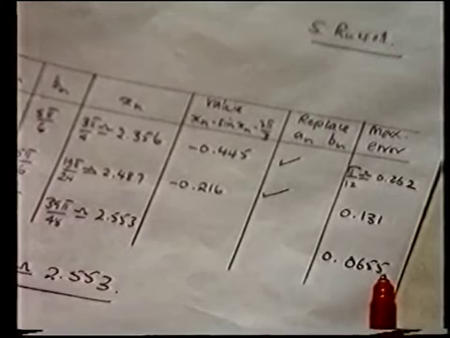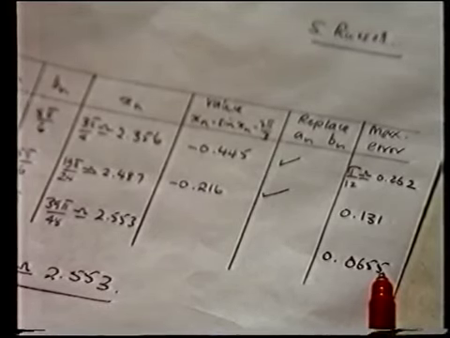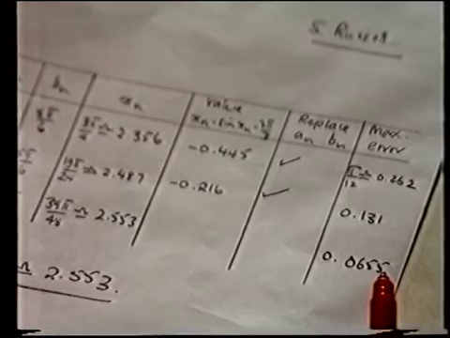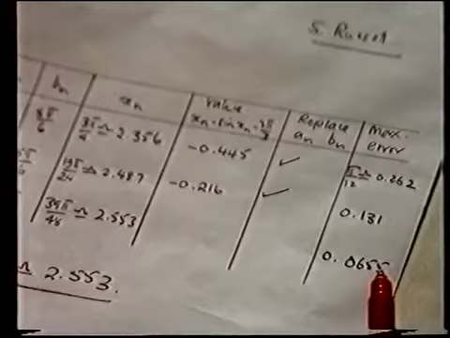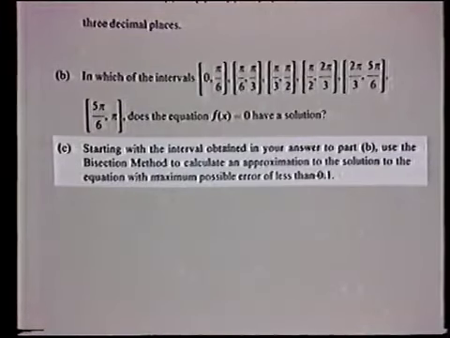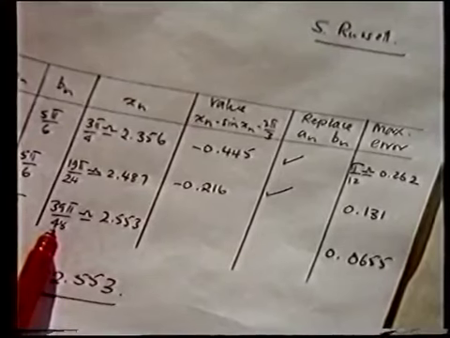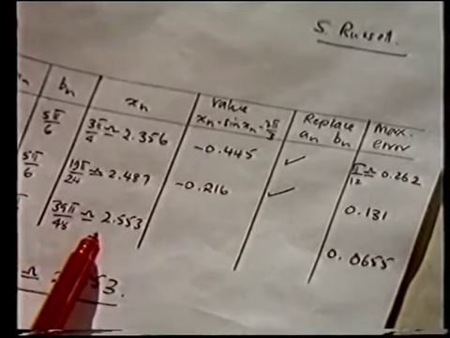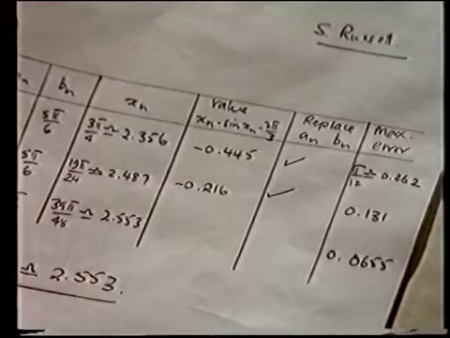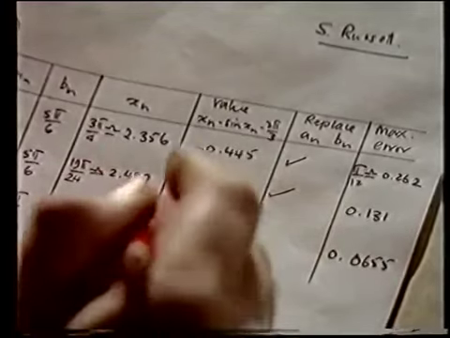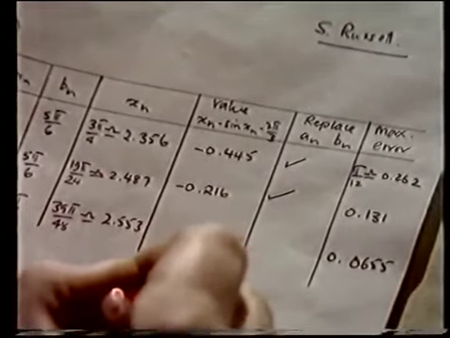He sees that after doing 2 cycles, he has a maximum possible error of 0.0655. Now, that's better than we were looking for, because the question asked for 0.1. That's in the very last line of the question. So he decides that his answer is x3, that's 2.553. And that's an extremely good answer, which I would give full marks for, 10 out of 10.